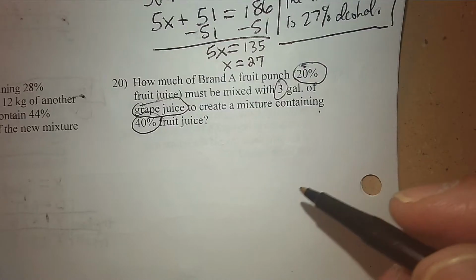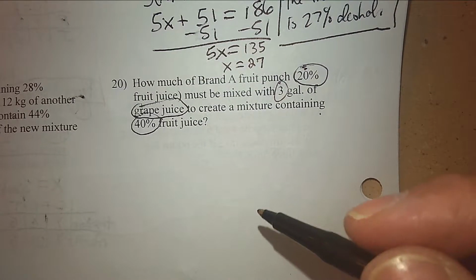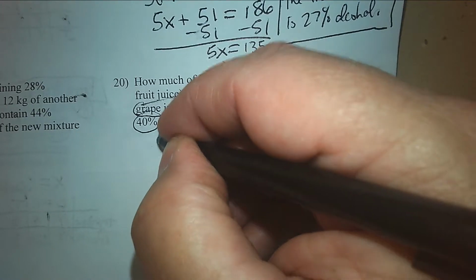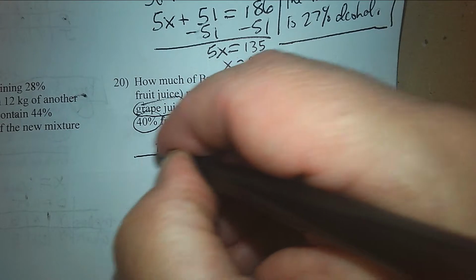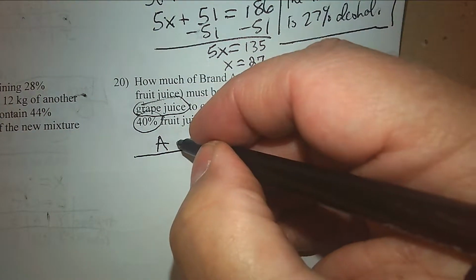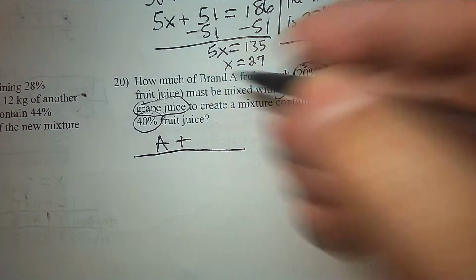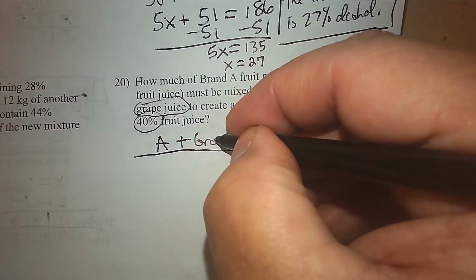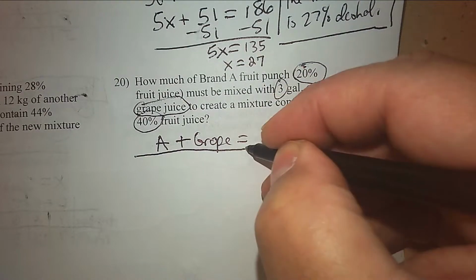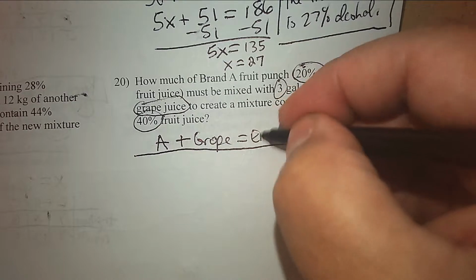Now, to start with, we write down, what are we mixing? So what do we start with? First we're starting with brand A, and then what are we mixing with brand A? Grape juice. And then at the end is your end mix, right?